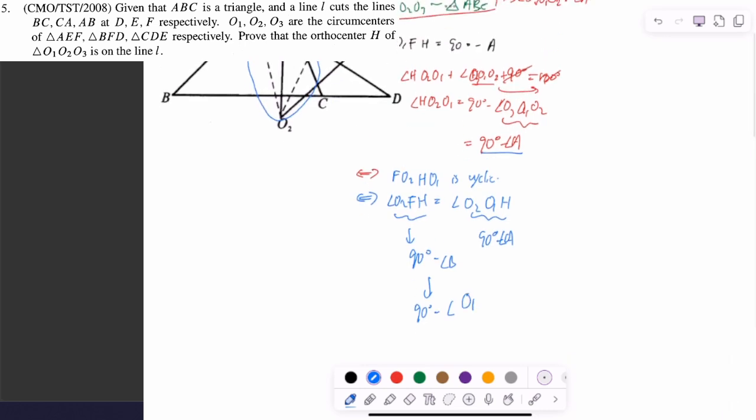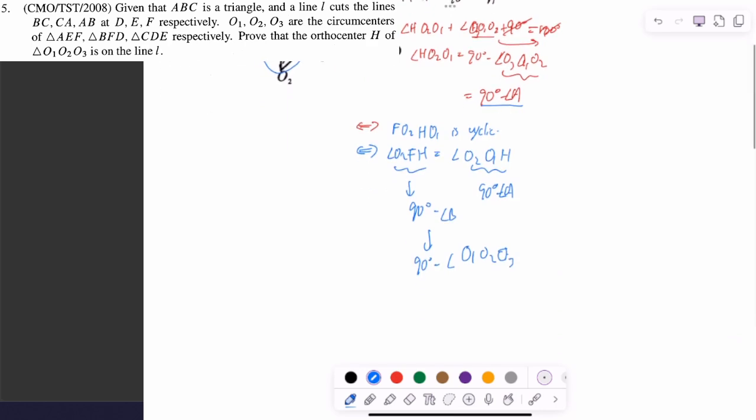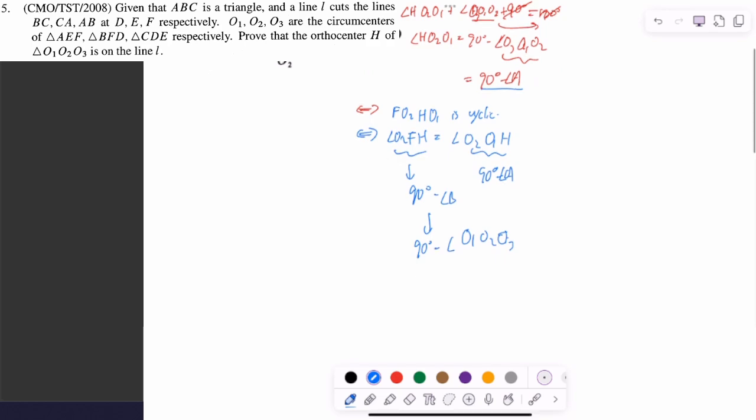Angle O1O2O3. So angle HO2O1 plus angle O1O2O3 is 90 degrees, using this and this combined.